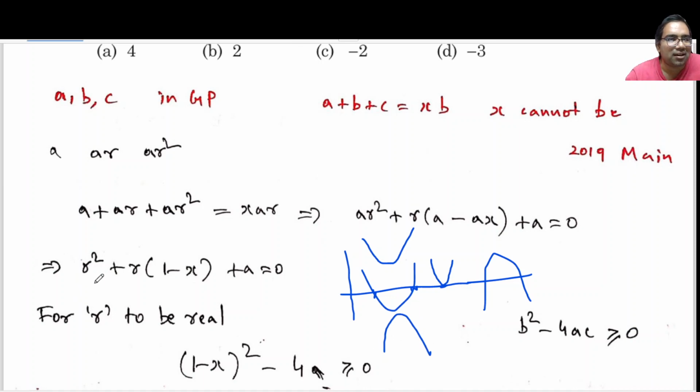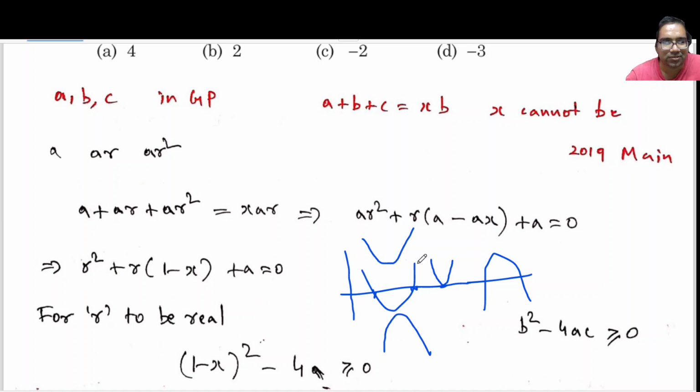But in this case, we want r to be a real number, a number on the number line, not an imaginary number like 2 plus 3i or minus 4i. Rational or irrational, we want real numbers. So if this equation has to have a real root, b squared minus 4ac should be greater than or equal to 0.